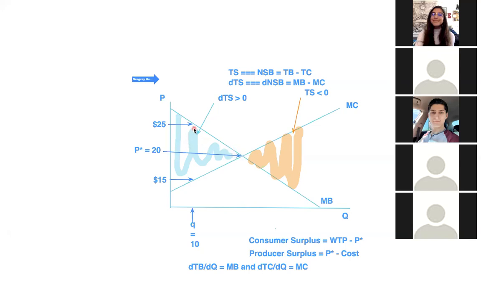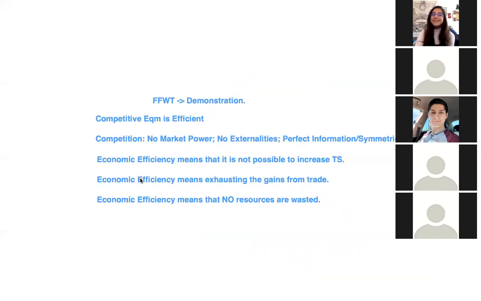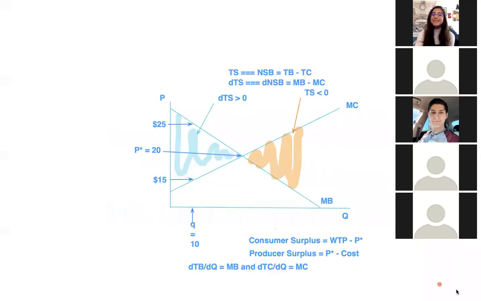And when we have this statement here that economic efficiency means exhausting the gains from trade, what it means is making those gains from trade go to 0, letting the change in total surplus go to 0. So for those of you in the class that have had calculus, and those of you that haven't, you don't really need calculus to understand this, but there's all this conceptual stuff.